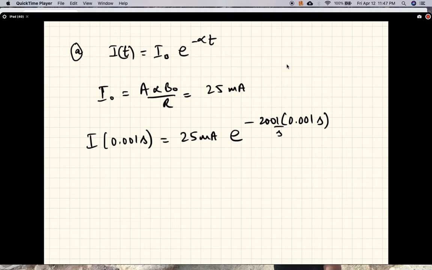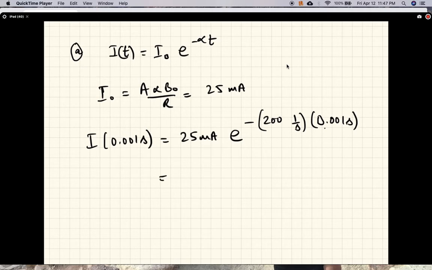Of course the exponent has to be dimensionless, and it is dimensionless: 200 per second times 0.001 second.